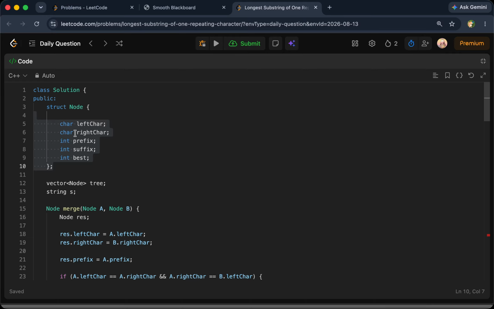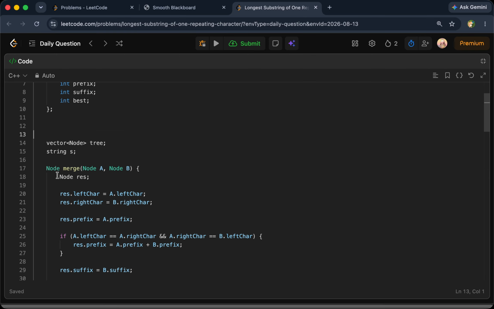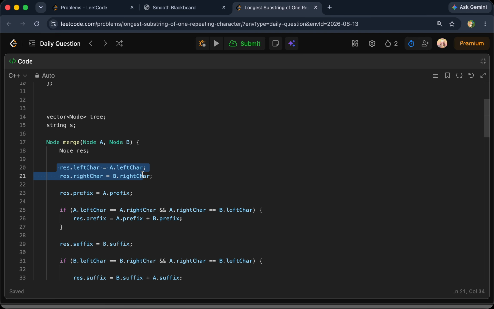Structure node: prefix, suffix, best. Then I have created a string to store. Then merge. Then this is the character at the left and right boundaries, and prefix.